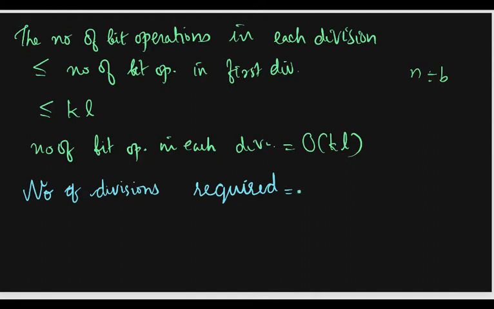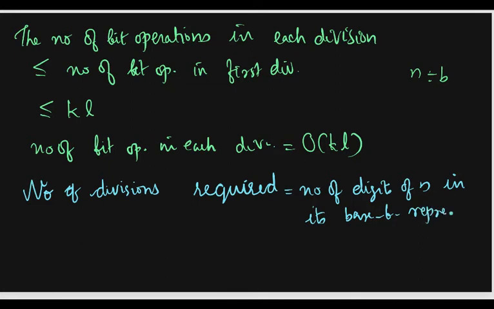Also, the number of divisions required will be equal to the number of digits of n in its base b representation. So that will be equal to big O of log n.